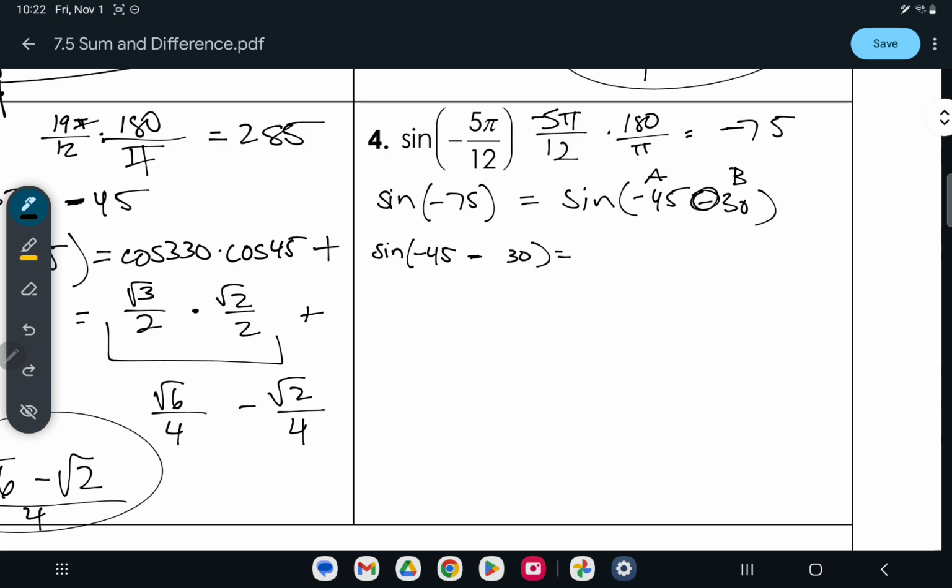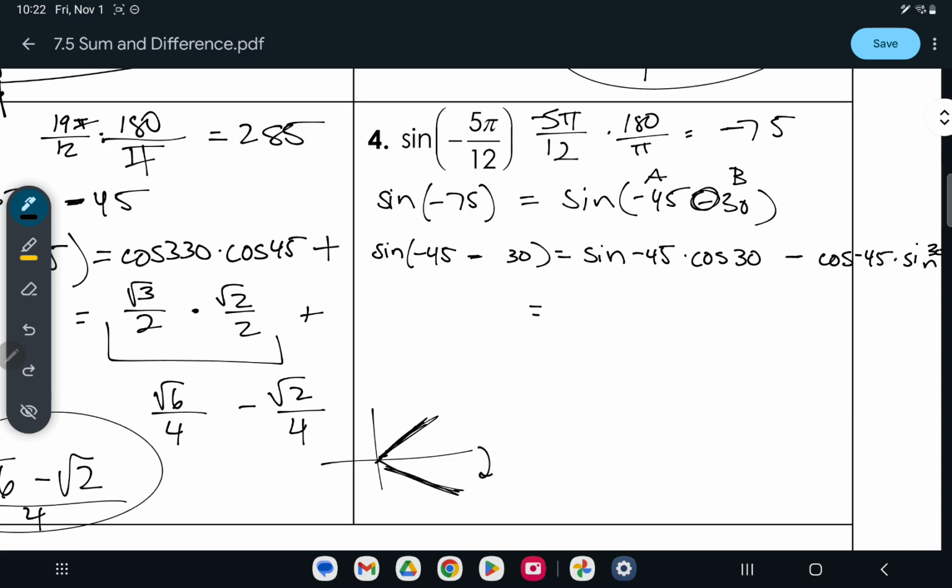So the difference formula for sine is sine of A times cosine of B minus cosine of A times sine of B. The negative 45, so on the unit circle, 45 is here, so negative 45 is going in the middle, but going the opposite way.